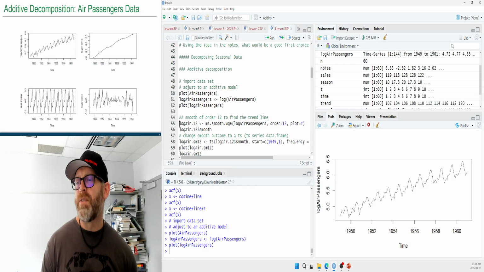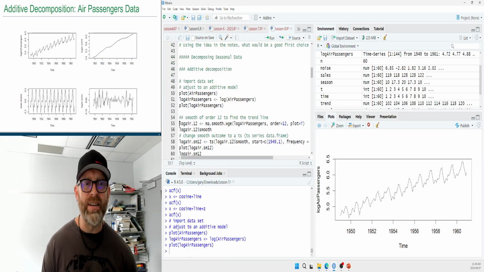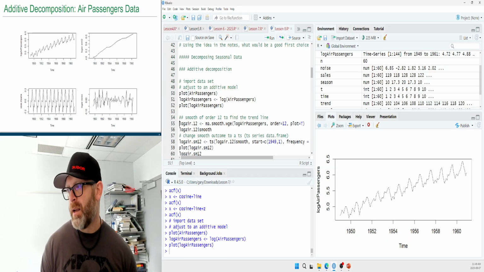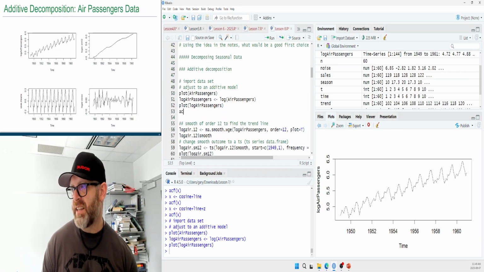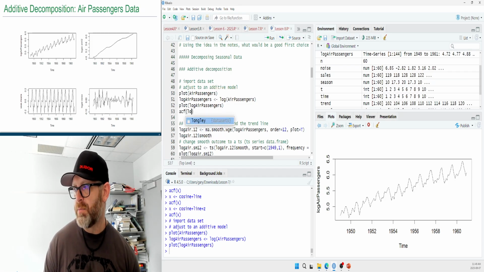Okay. So the first thing that I want to do, and I know I'm dealing with yearly data here, and this is air traffic, so the pattern should happen every single year. The same repetition should happen every single year. And we can look at just using the ACF of log air.